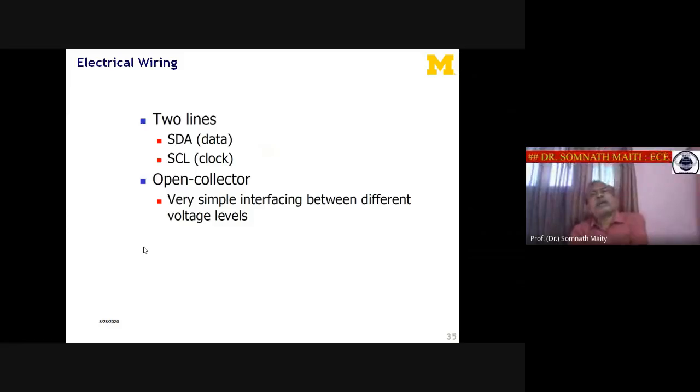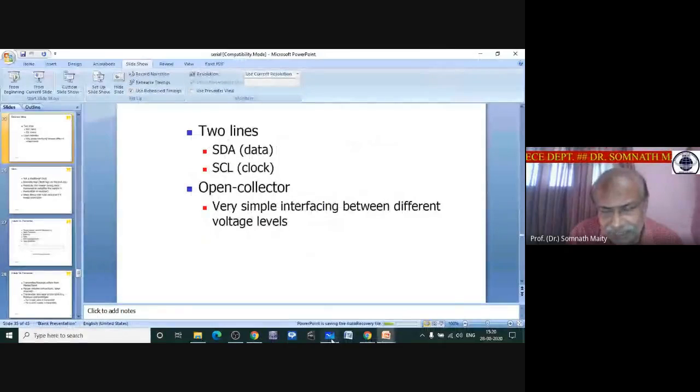I said the two lines are SDA, serial data, and SCL, serial clock. Now this is open collector. Here I want to say one thing. Open collector.